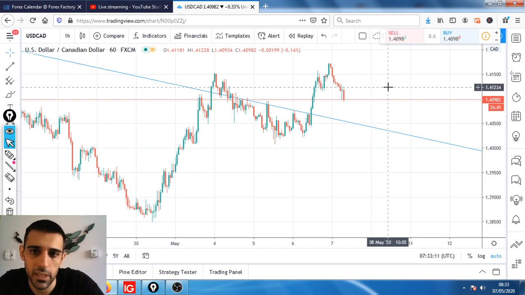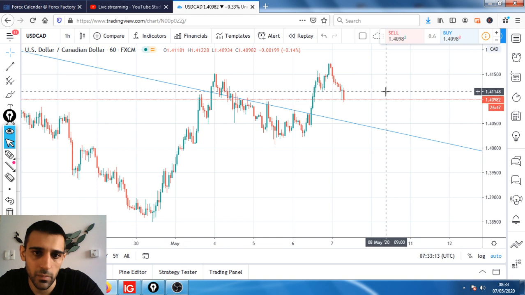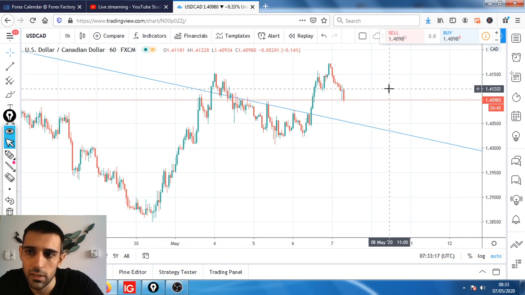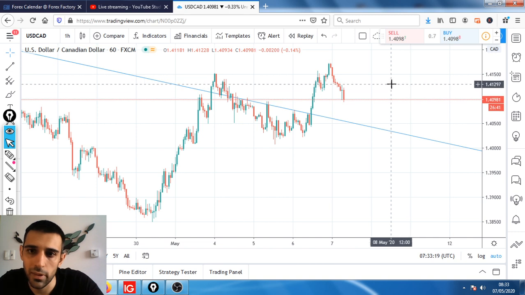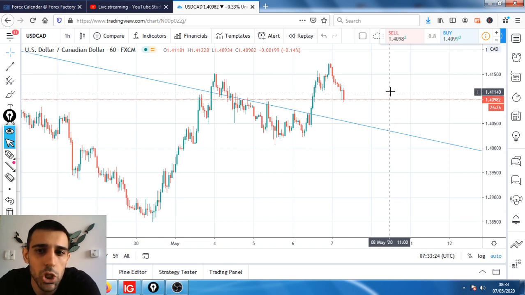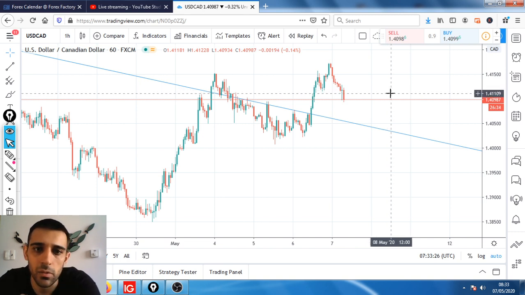So the retracement is going to be most likely just down to this. If it closes at 141.30, that would be an 8 pip retracement. Now that's too close.